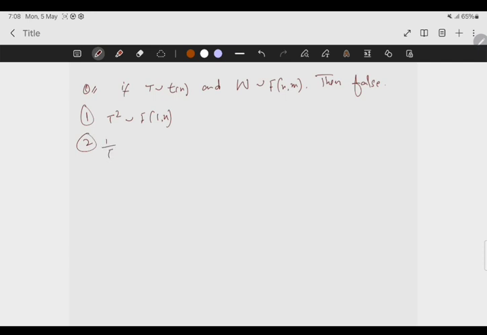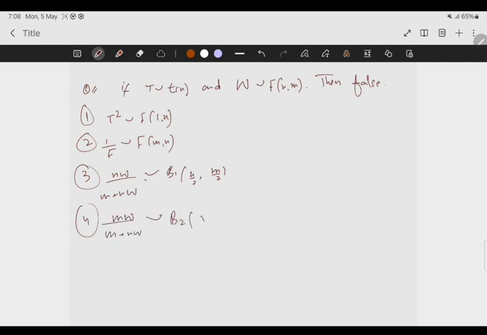Number 2, 1 upon f will follow f_{m,n}. Number 3, nw/(m+nw) will follow beta first kind (n/2, m/2). Number 4, mw/(m+nw) will follow beta second kind (n/2, n/2).